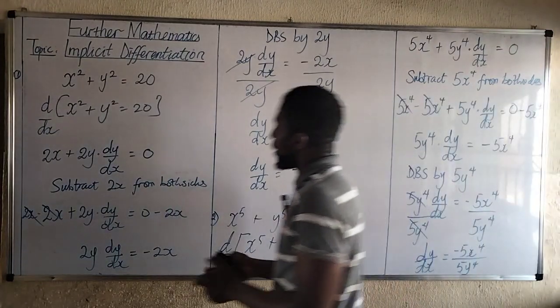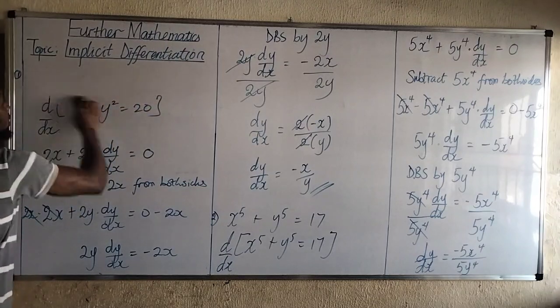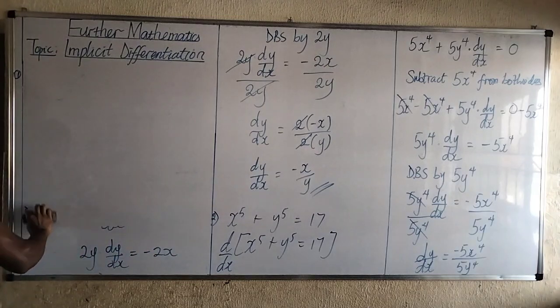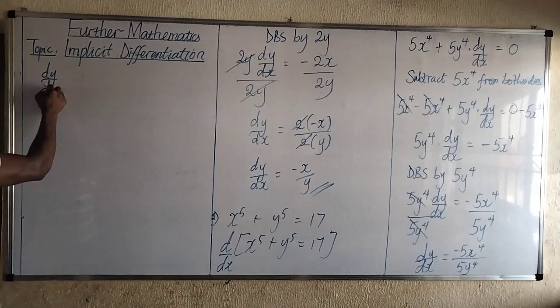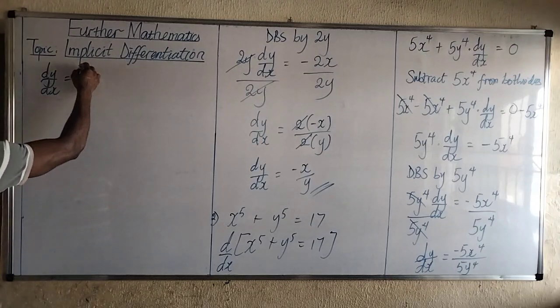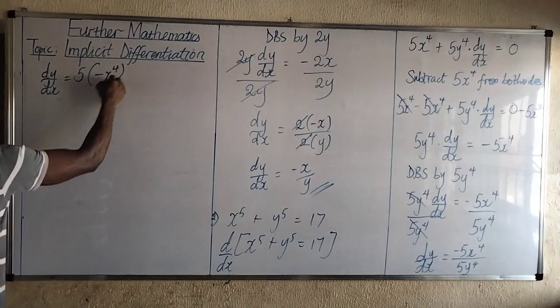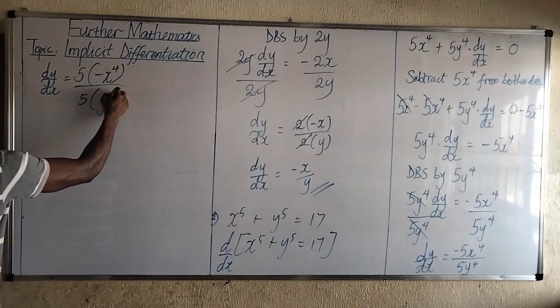Okay, we erase this part of the board to continue our task. Alright, so watch carefully. Let's factorize that answer and get to the simplest form. So when we factorize this, we have dy with respect to dx equal to 5 multiply negative x raised to the power 4 all over 5 multiply y raised to the power 4.